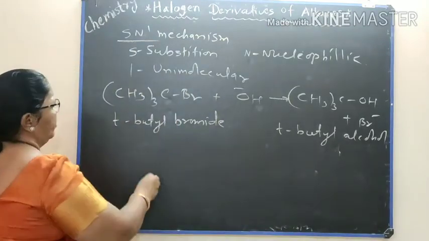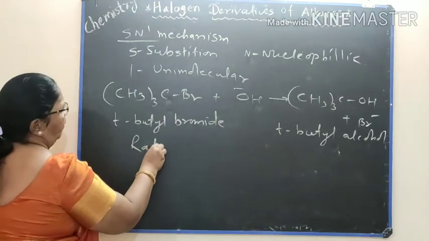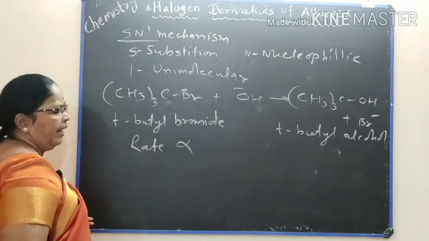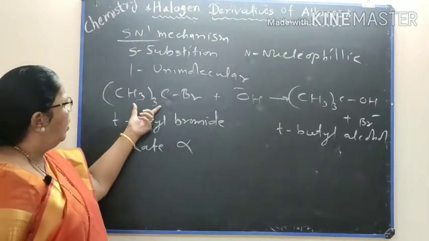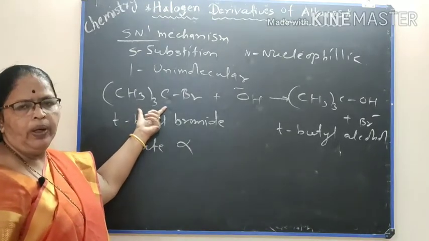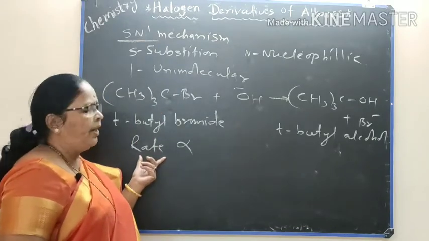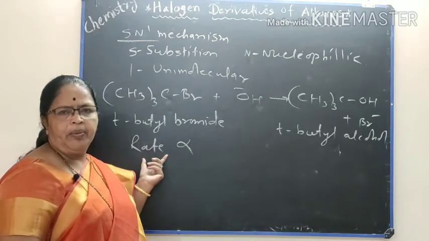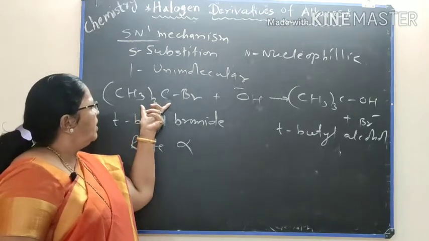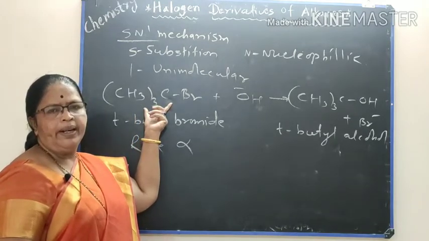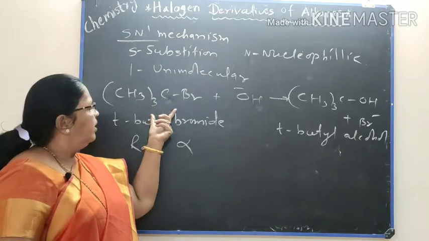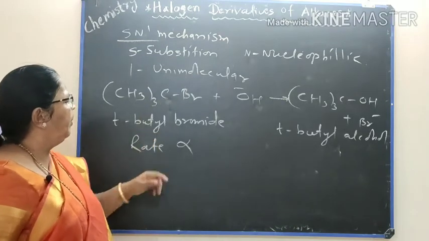Rate of reaction is directly proportional to the concentration of only one reacting species, such as tertiary butyl bromide.